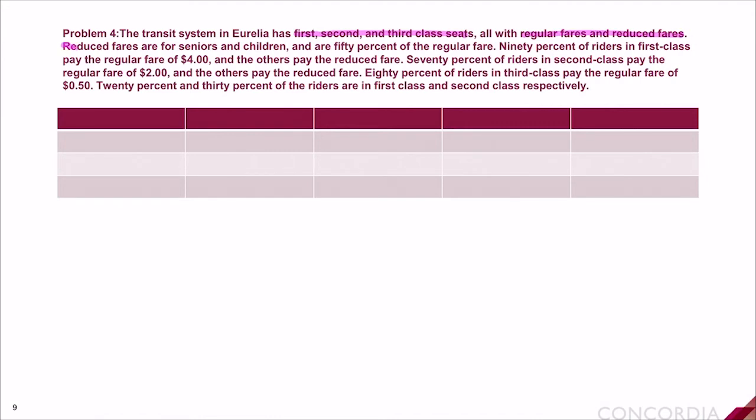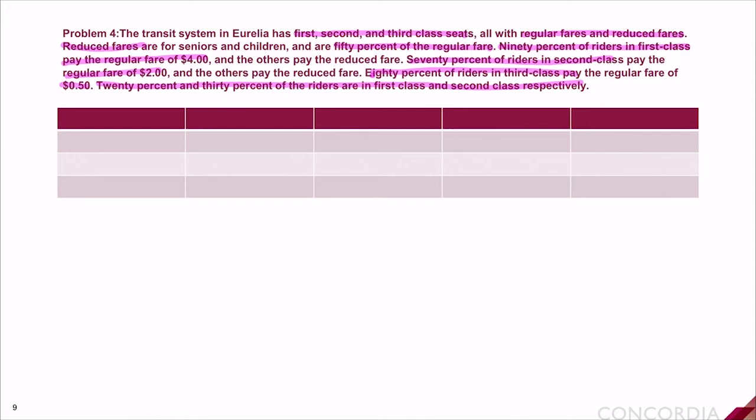It tells us that the reduced fare is 50% of the regular fare. 90% of all riders in first class pay $4. 70% in second class pay $2. 80% of the riders in third class pay 50 cents. And 20% and 30% of the riders are in first and second class, respectively.